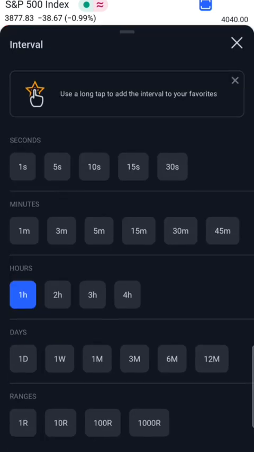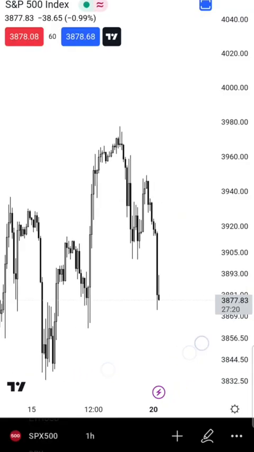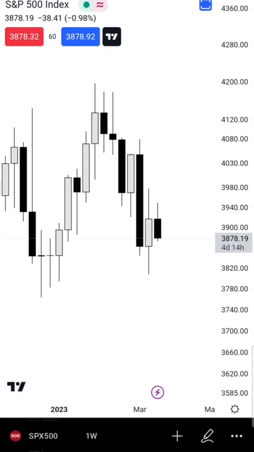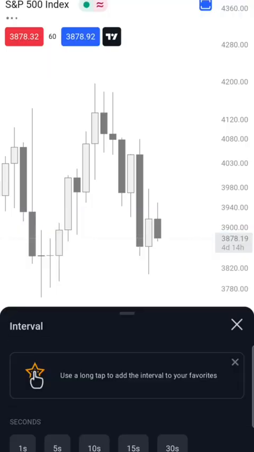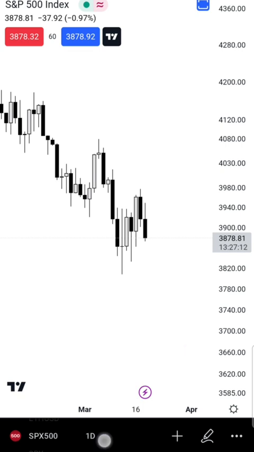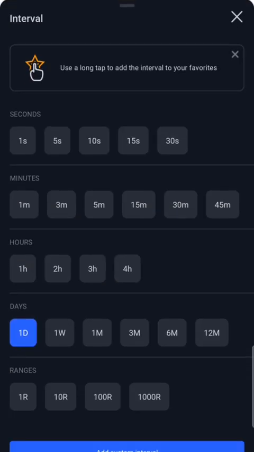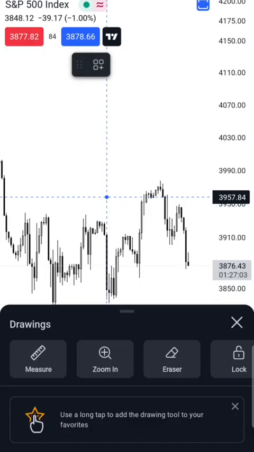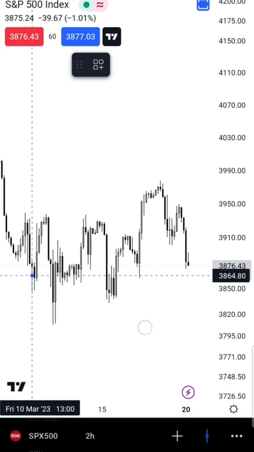Anyway, we go to the weekly profiles. We got the weekly bearish, we got the daily bearish, and now we open the weekly profile, the 2-hour chart. We got the previous week looking like this.